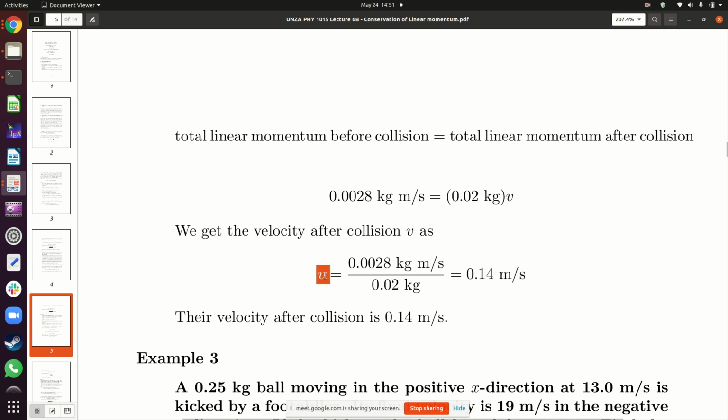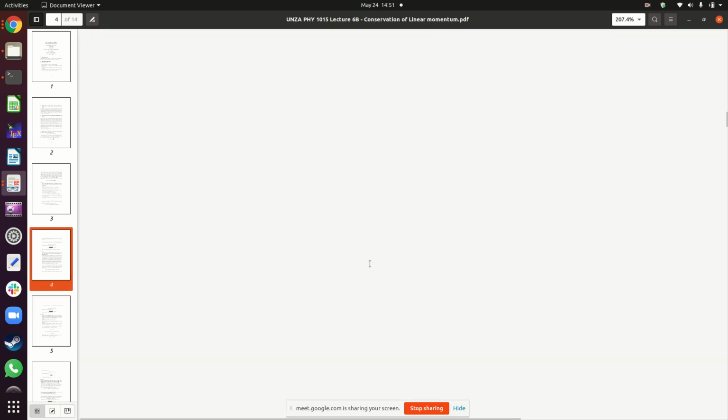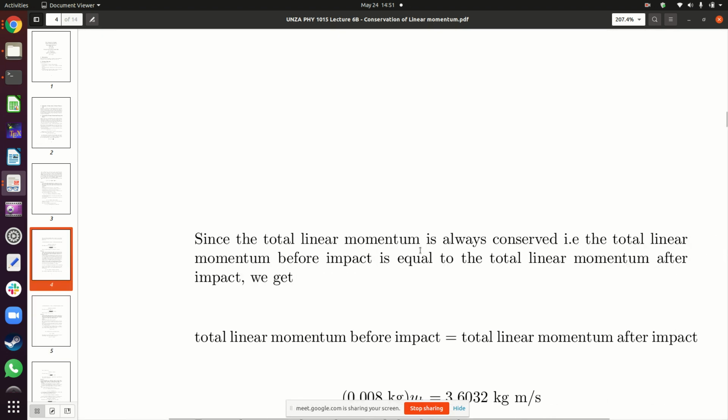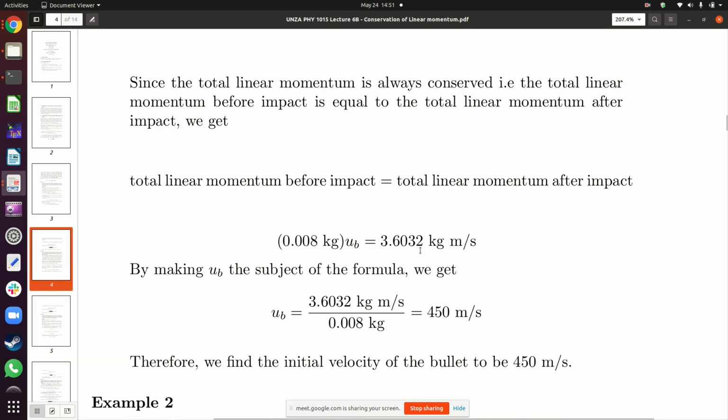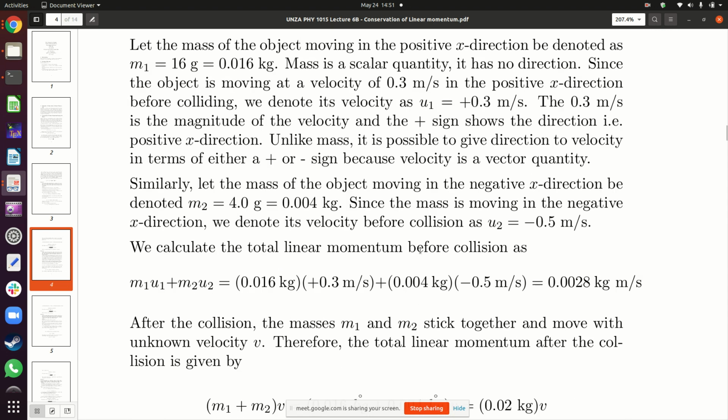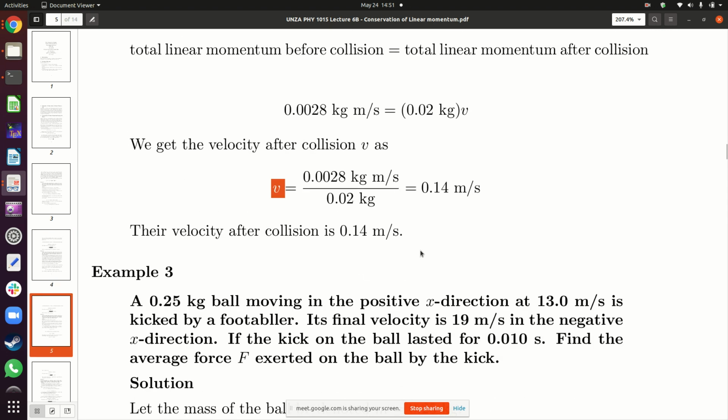When you do that, you end up having v equals 0.0028 kgs meters per second divided by 0.02 kgs, and we end up with a velocity of v equals 0.14 meters per second. So after they collide and stick together, the velocity of the objects immediately after collision is 0.14 meters per second. Are we clear?